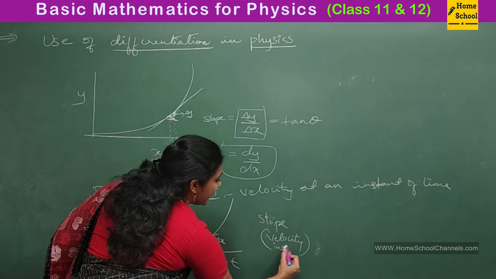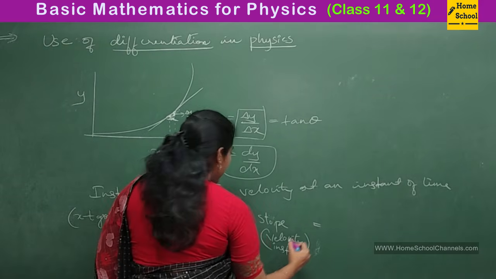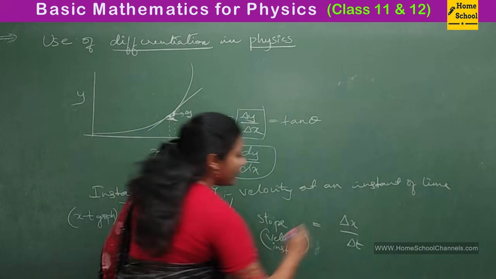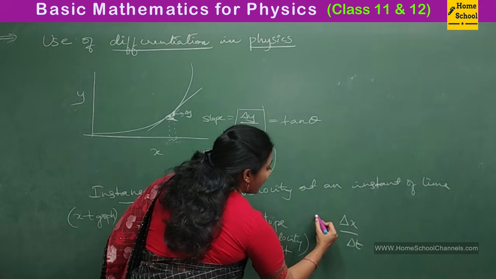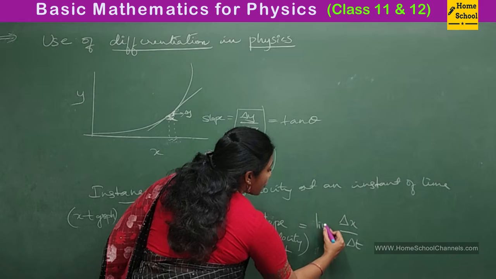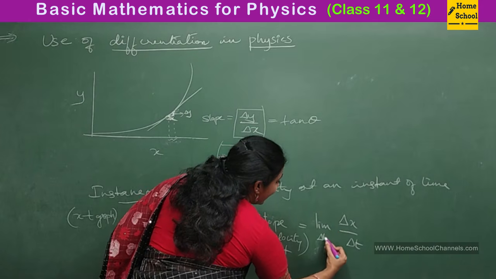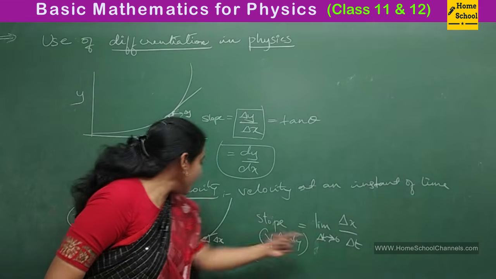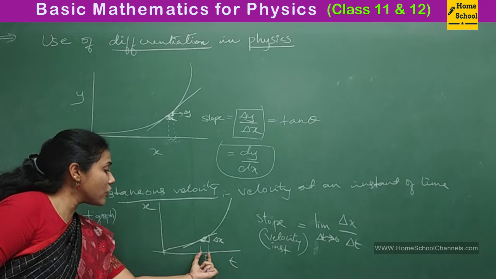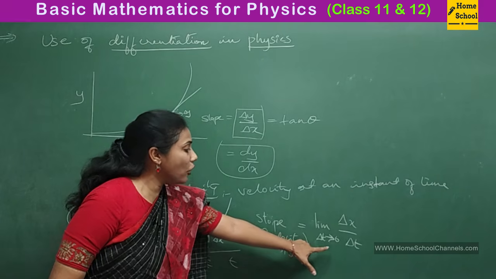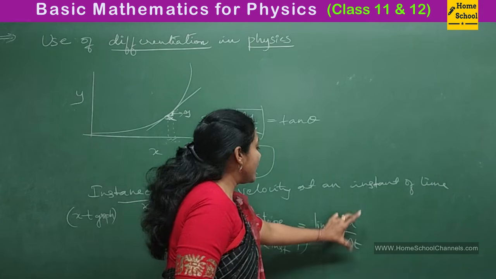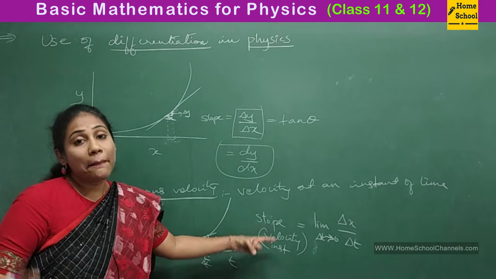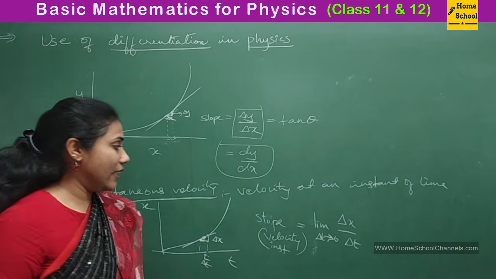Instantaneous velocity is equal to delta x by delta t, whereas here we have to apply the limits, right? So providing limits, delta t tends to 0. When this difference approaches 0, then delta x by delta t will be the value of slope, and the value of slope is nothing but the instantaneous velocity, right?